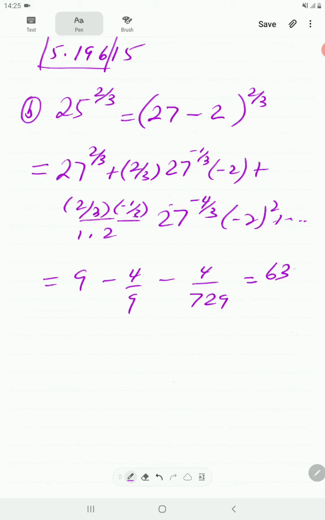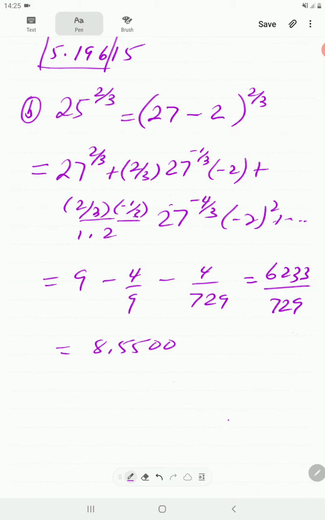Write this as one fraction. It's going to be 6233 over 729. The decimal form of that is 8.5500.